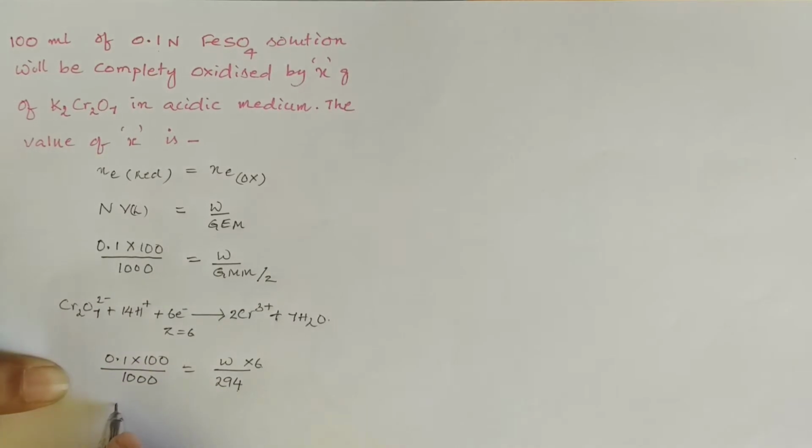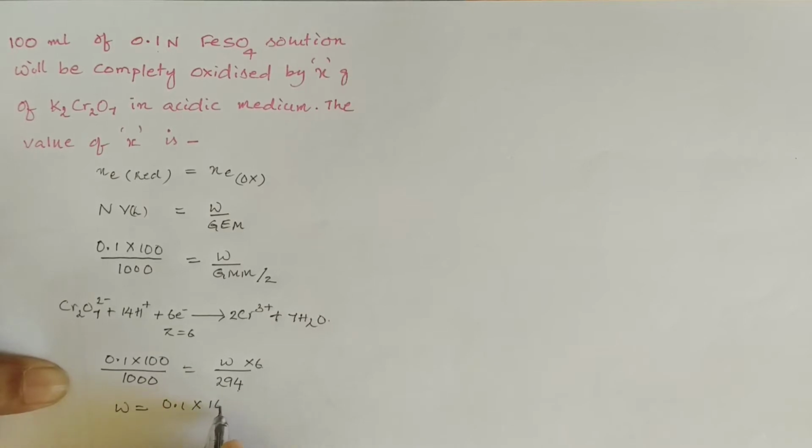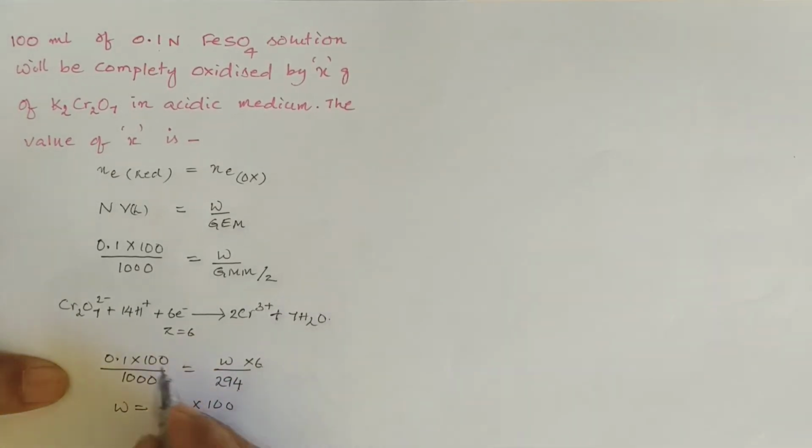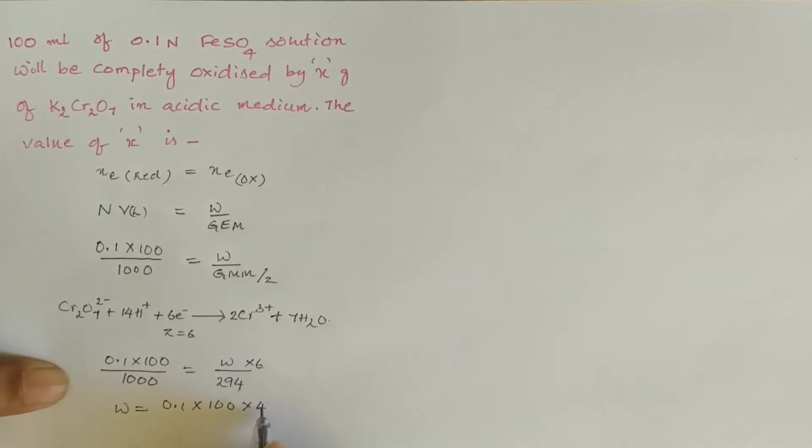Now the mass of potassium dichromate is equal to 0.1 into 100 into 49 divided by 1000. This will cancel 10 times here.